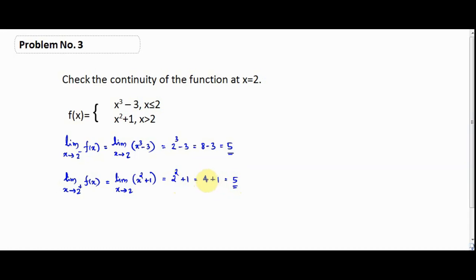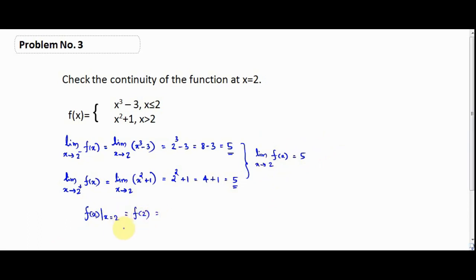So this implies that the limit of the function at the point x equal to 2 will be equal to 5. So we have calculated the limit value for the function f of x at the point x equal to 2, and we are getting it as 5. Now let's calculate the value of the function f of x at the point x equal to 2. It is denoted as f of 2.